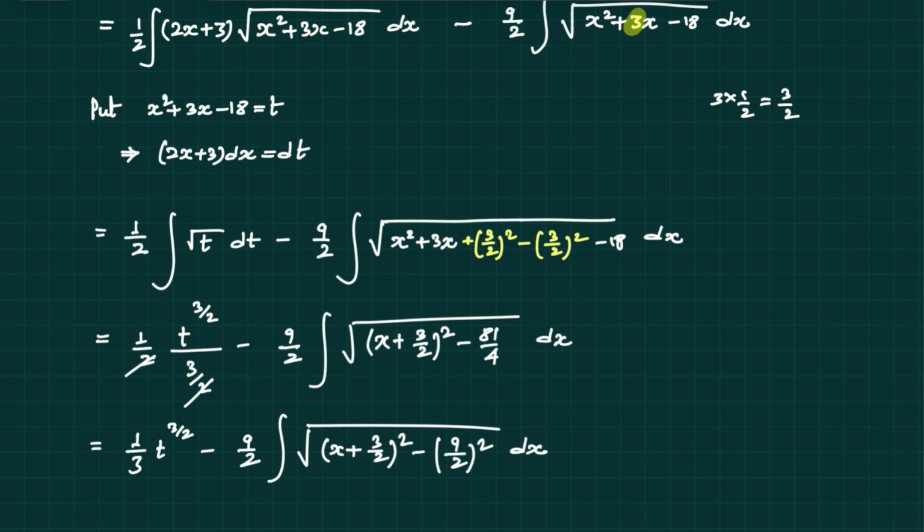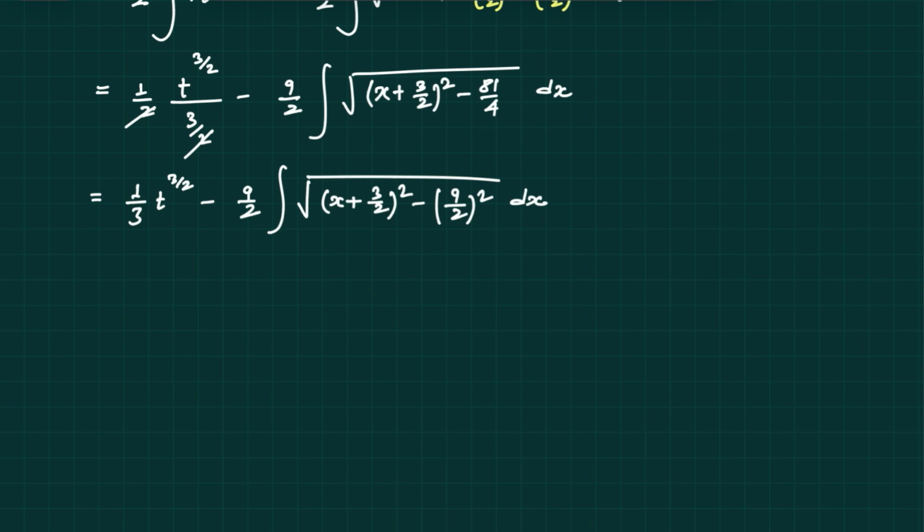This second part of the integral is in the form of integration of square root of x square minus a square. So there we will be using the formula. Here, putting back the value of t in the first term, we will have (x square plus 3x minus 18) to the power 3 by 2, minus 9 by 2.